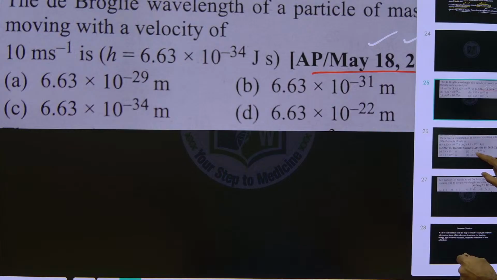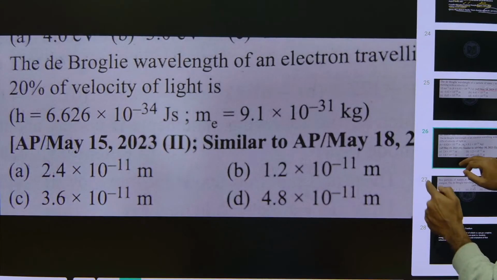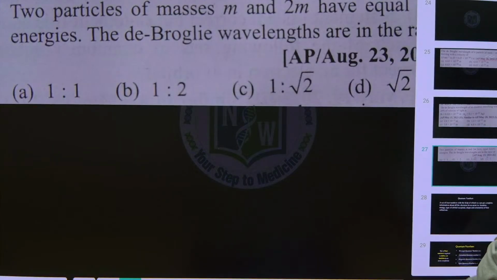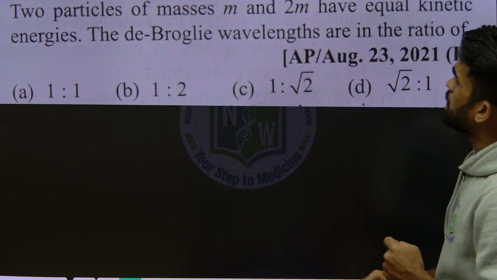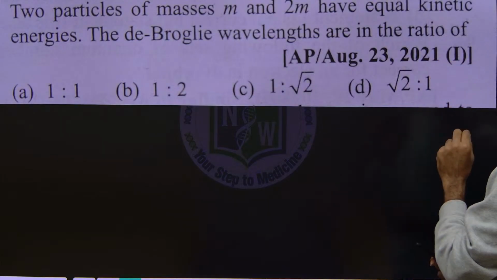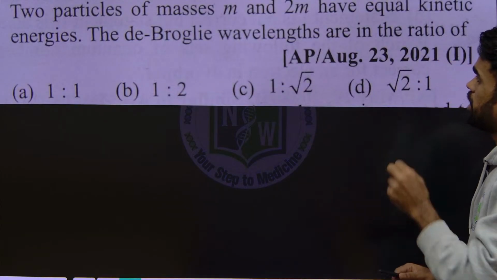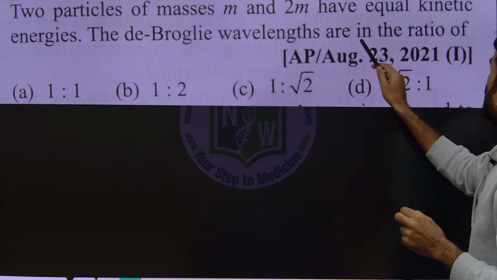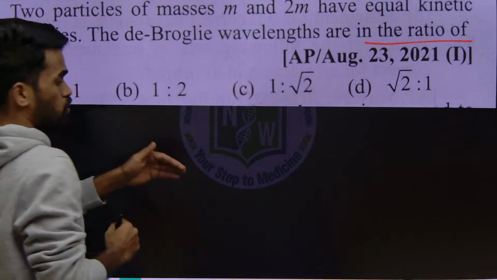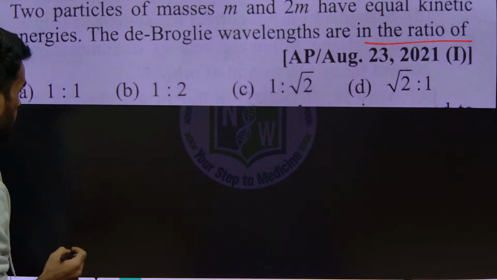Next here, one more. This question we already did just now. Can you answer this? Two particles of masses m and 2m have equal kinetic energies. The de Broglie wavelengths are in the ratio of, see, very easy. This is one more model question, that's why I am choosing this.